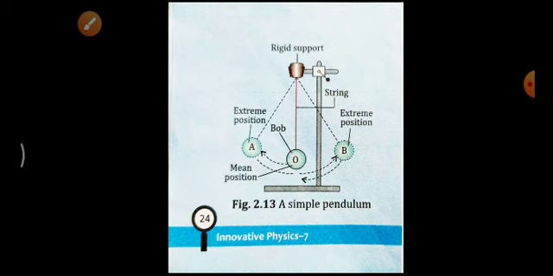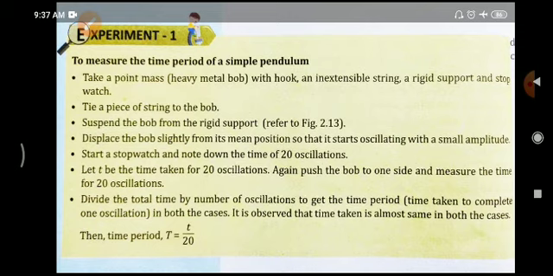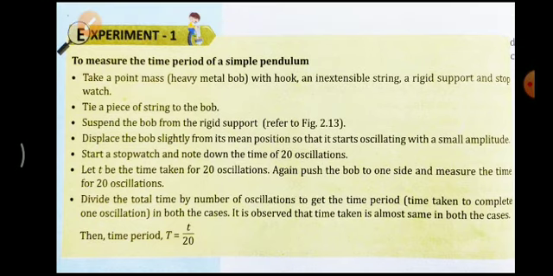Let's start with experiment 1 given in your book: how to measure the time period of a simple pendulum. First, what apparatus is required to construct the simple pendulum? Take a point mass, that is a heavy metal bob, meaning a solid sphere made of metal with a hook.